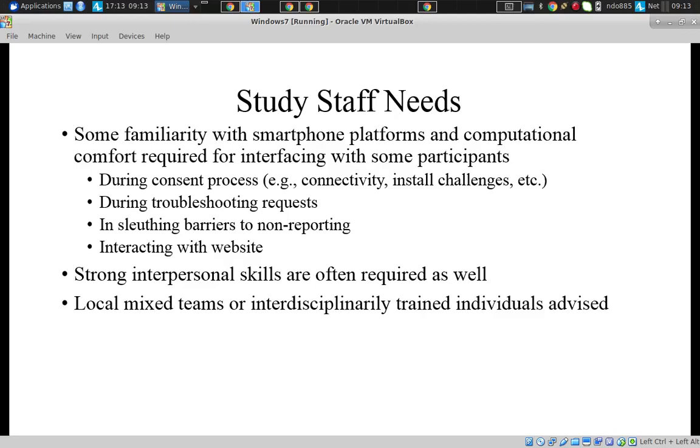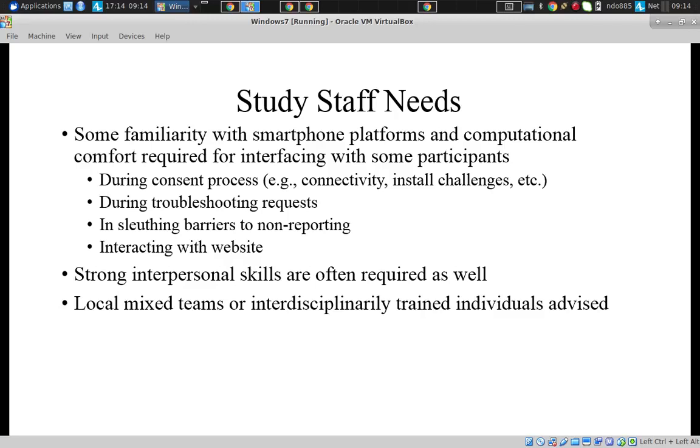What's needed for study staff? If we thought about someone to oversee a study, what's really needed here? I wrote this a year ago, and I would actually tone this down now.